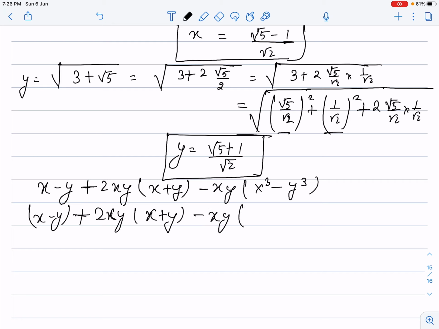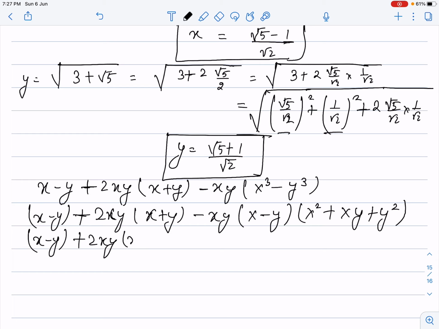Now a cube minus b cube we know: a minus b multiplied by a square plus ab plus b square. Now guys, a square plus b square we know, a plus b the whole square minus 2ab. So we have x minus y plus 2xy multiplied by x plus y minus xy multiplied by x minus y multiplied by x plus y the whole square.